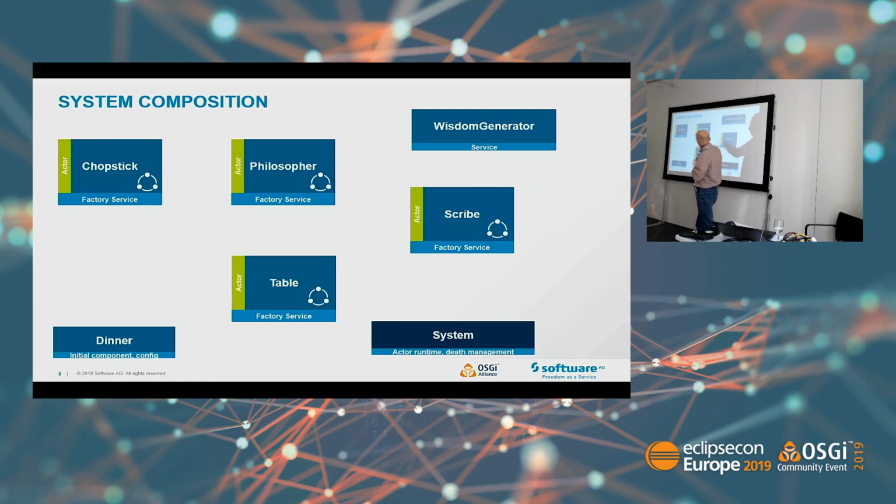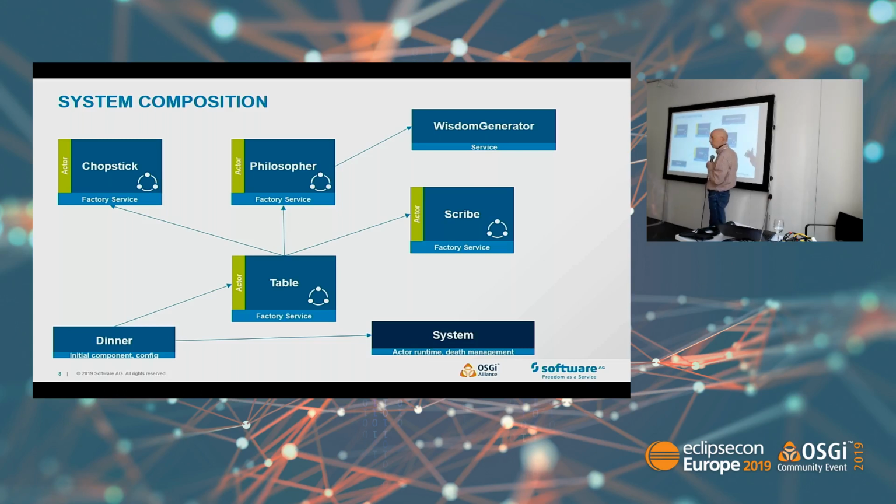And this is all completely asynchronous, but the way these things are connected is that the dinner component uses a service from the table component. So there's a factory service that creates the actors, and the table actor again uses services to create the other actors as needed for the scenario.